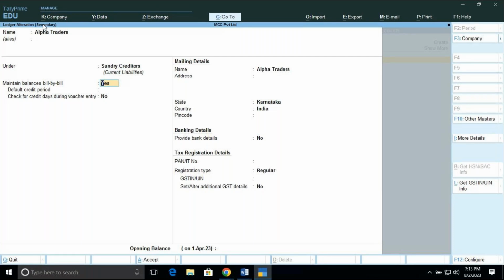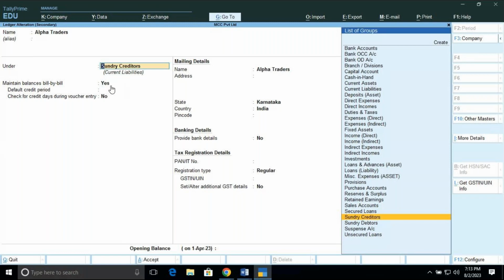This has to be yes. Normally it will be yes, but you have to make sure it is yes.